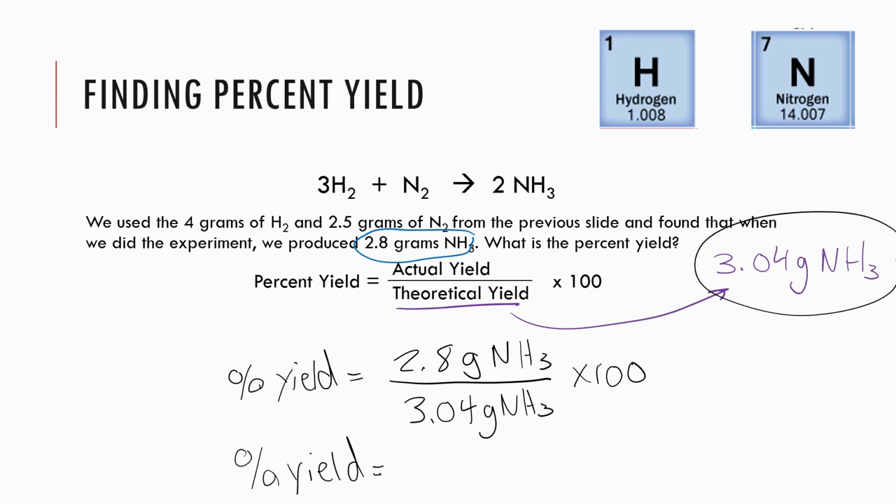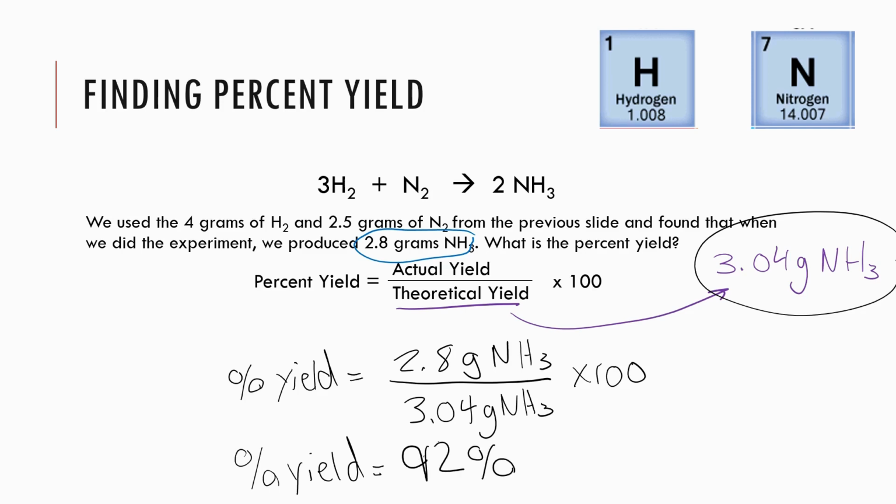So when we're putting this into our calculator, what we do is we do 2.8 divided by 3.04 times 100. And remember, for this video, we're not going to worry about significant figures. In this case, we find that we would get a 92% yield.